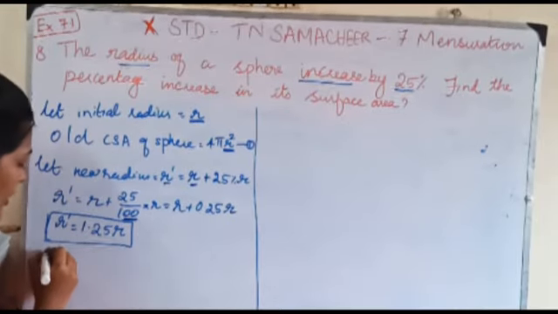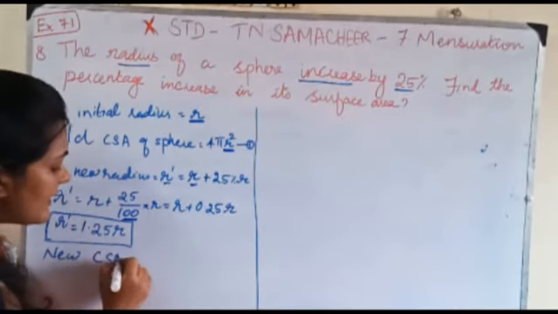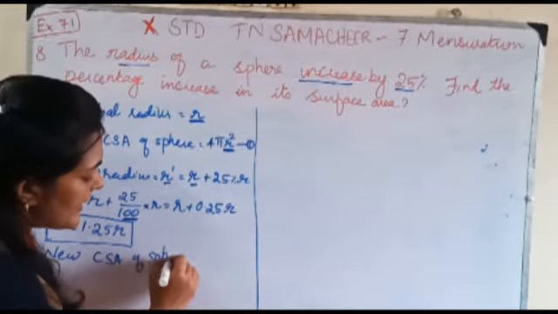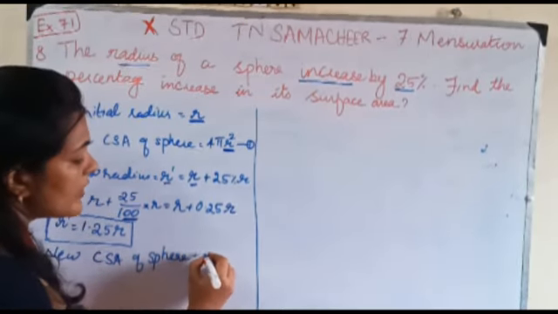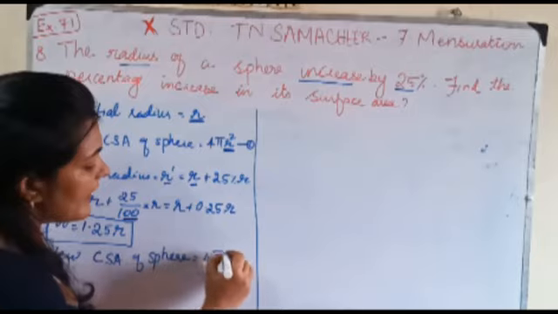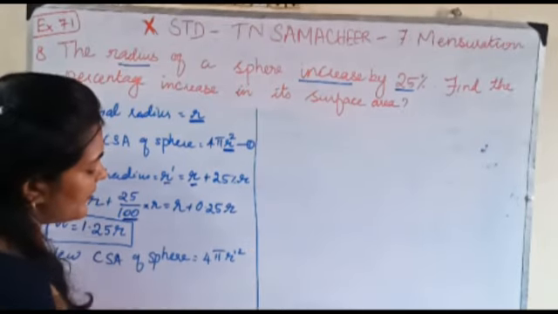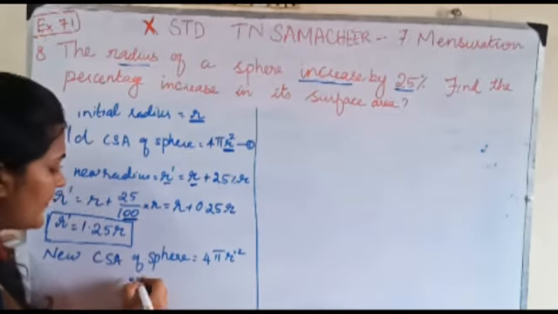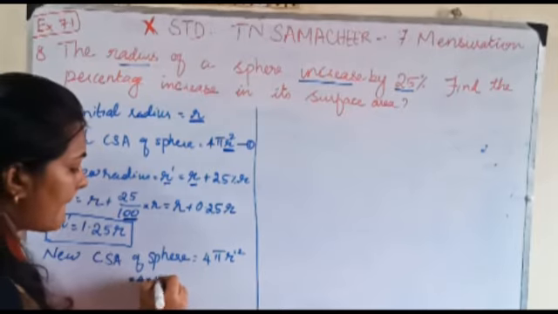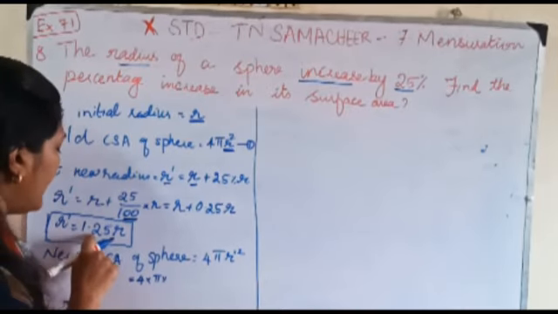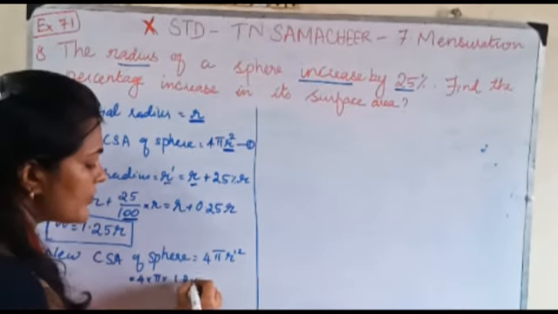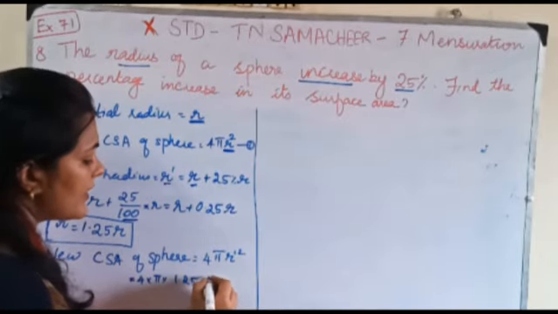Now find the new curved surface area of the sphere, which is equal to 4 pi r dash square, which is 4 into pi into r dash, which is 1.25 r the whole square.